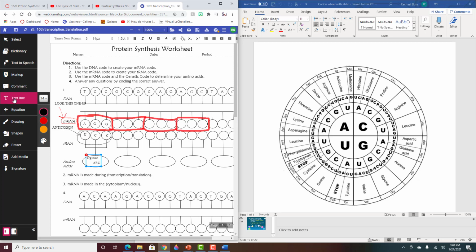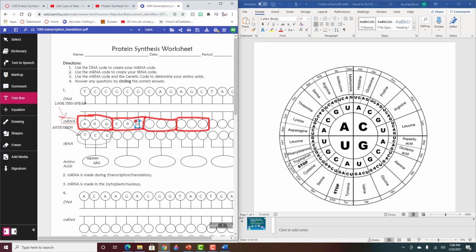So here for this next one, if I did one more with you, here you have a G, so this is going to code with a C, and you have a C, so this is going to code with a G, and then you have a G, so this is going to code with a C. And just to make sure you don't do it wrong, let's skip the tRNAs for right now. Just leave that till the end. You can't look them up if you haven't even written them yet. So let's leave it blank. I'm going to make sure I look up this amino acid mRNA codon.